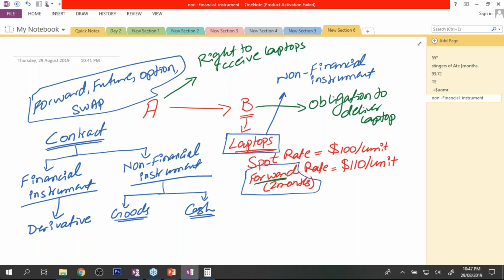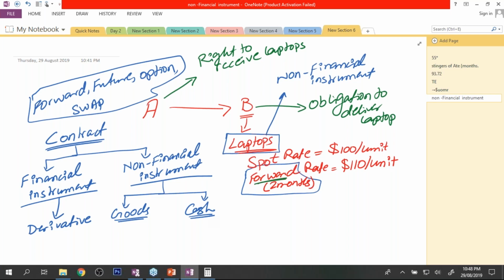Jagmeet is saying, sir, A will pay cash and B will receive cash. Yes, Jagmeet, A will pay cash after receiving the laptop. Right now, A has no obligation to deliver cash until A receives the laptop. So at this point of time, when we are signing the forward contract, A does not have a financial liability to pay cash.